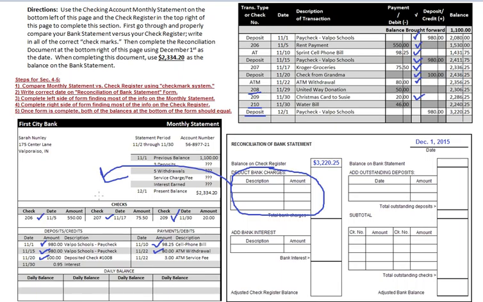So they might charge you a fee for that. Maybe they charge you a fee because you don't have enough money in your bank. What I mean by that is some banks charge you $5 a month, $3 a month, a set fee, for not having at least $500 in your account. If you go below $500, they start charging you a fee. So we've got to be looking to see if there are any fees.